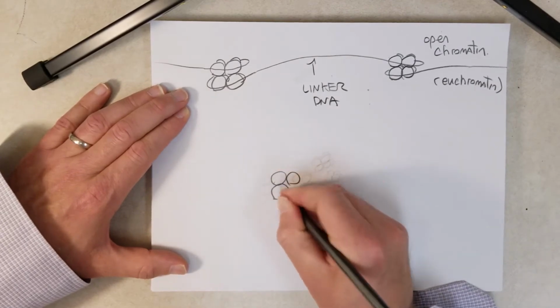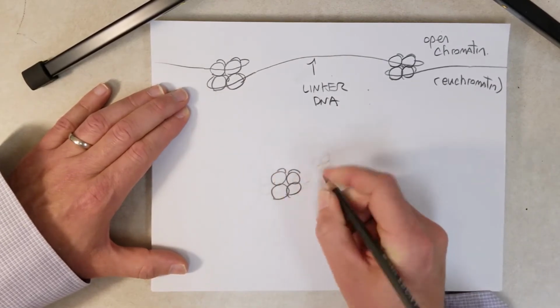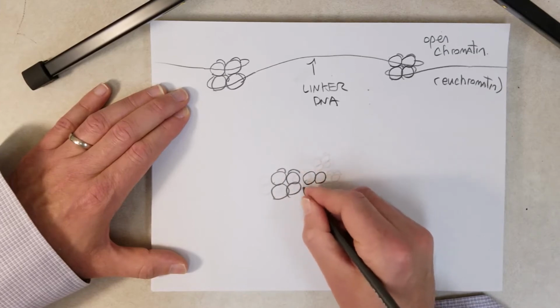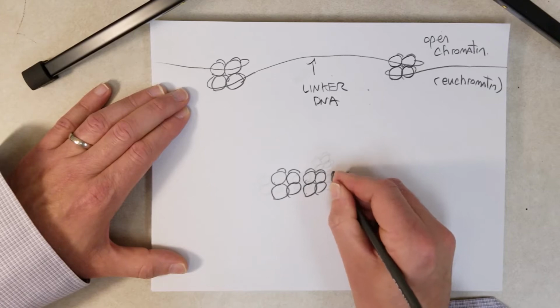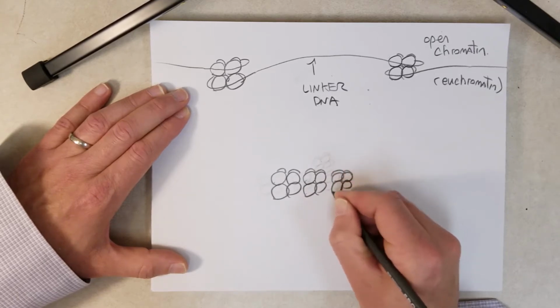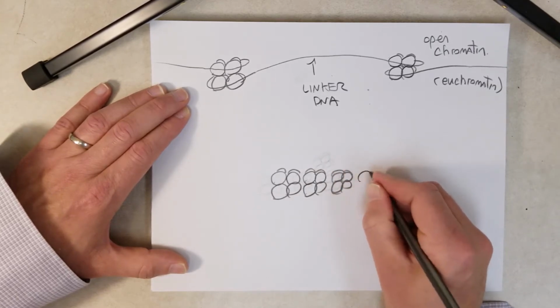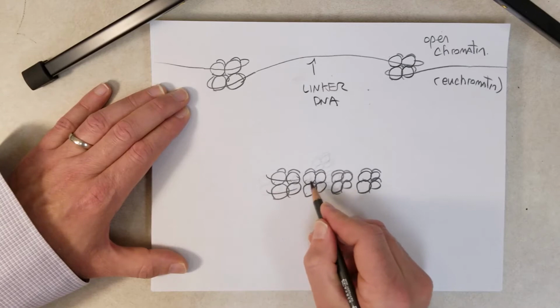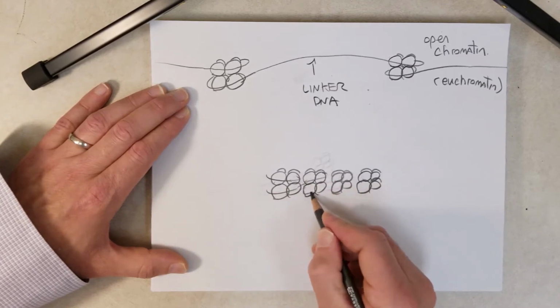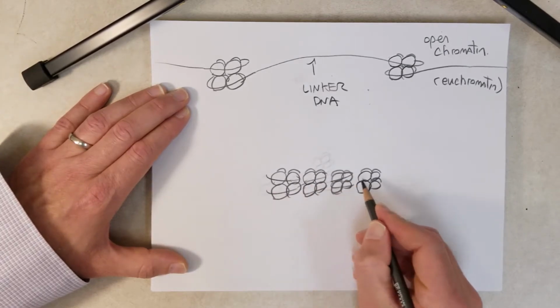Closed chromatin. So I'm putting the octamers of histones very close together. So the linker DNA is going to be really short, right? This is just one model of what closed chromatin might look like. And you'll see why this model supports data from micrococcal nuclease assays.